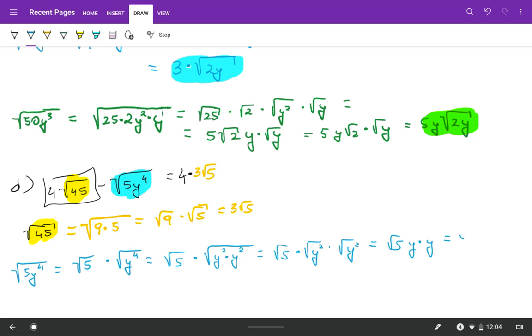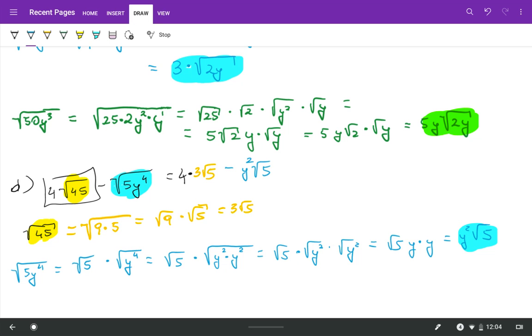So we're having y squared square root of 5. Okay. So this expression, we're going to plug into our original problem. So we have minus y squared square root of 5.